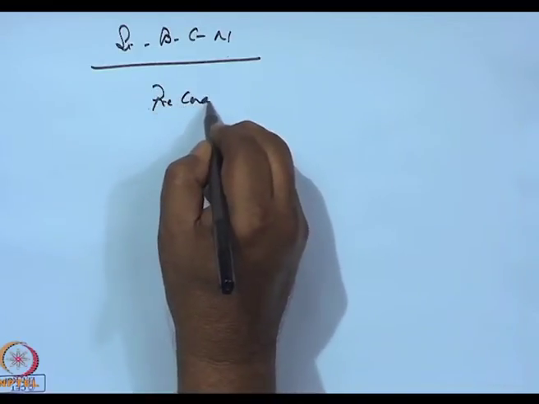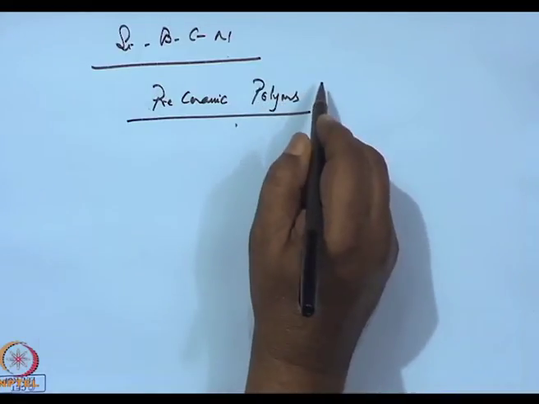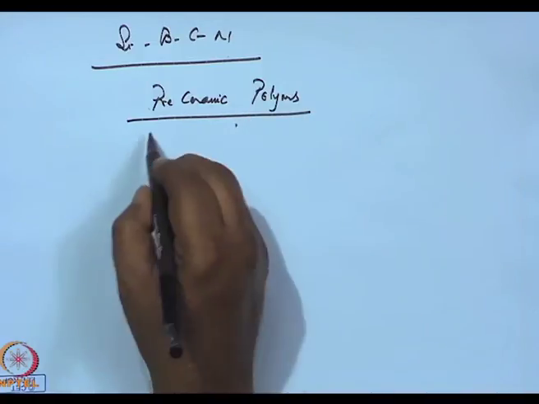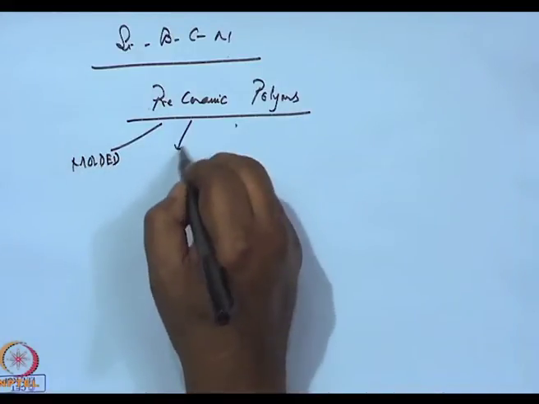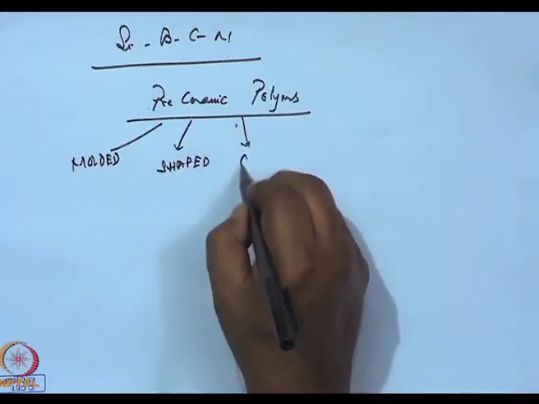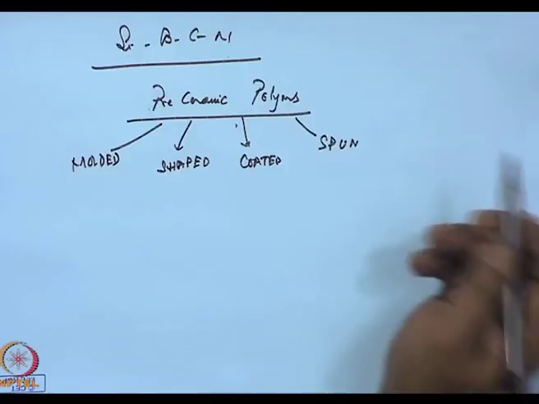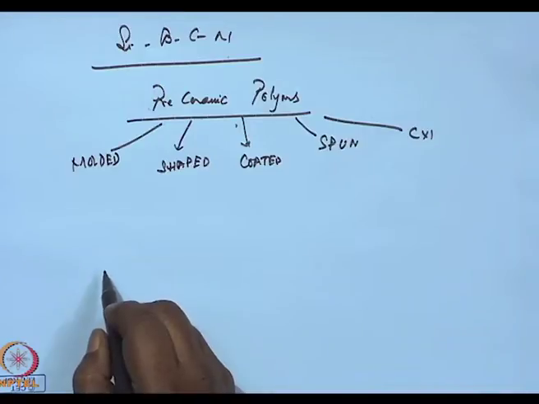Essentially, all these pre-ceramic polymers which I have talked of today can be molded, shaped, coated, spun, and even chemical vapor infiltration can be done with these pre-ceramic polymers.